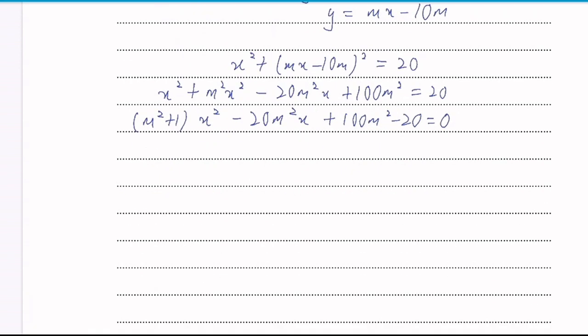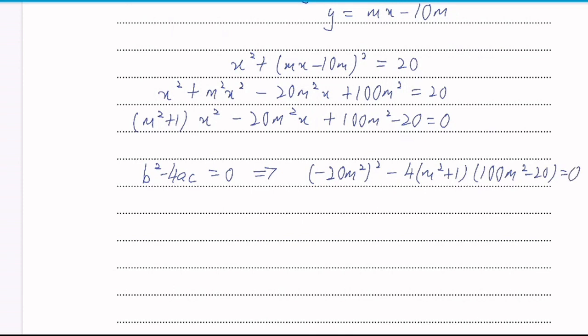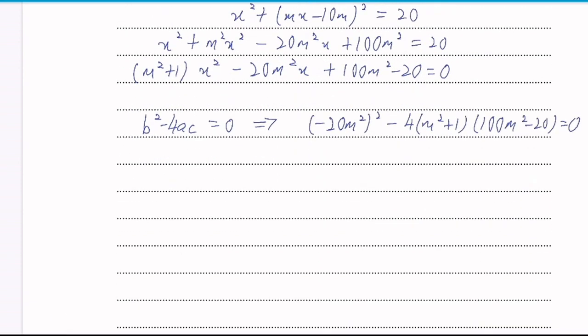Since it is a tangent to the circle, we will have b squared minus 4ac equals 0. So we get negative 20 m squared, squared, minus 4ac equals 0.